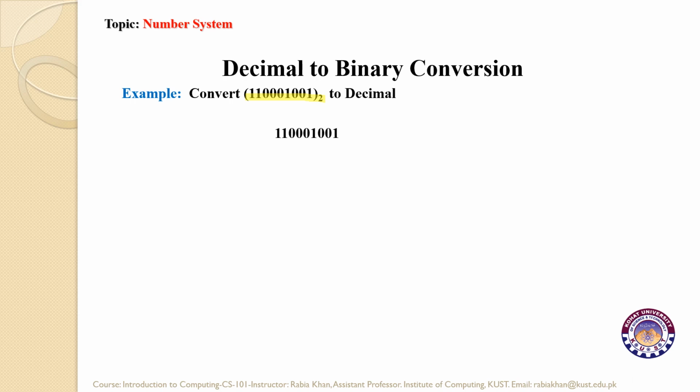So this is the number as mentioned in the example, and this is how we are going to perform this multiplication. First digit is 1. So this 1 is multiplied with 2 with power 0, as you can see here.